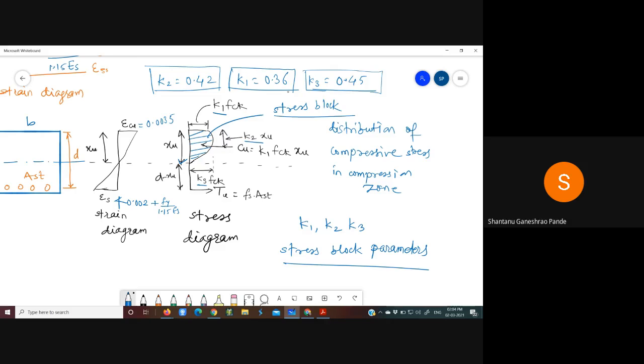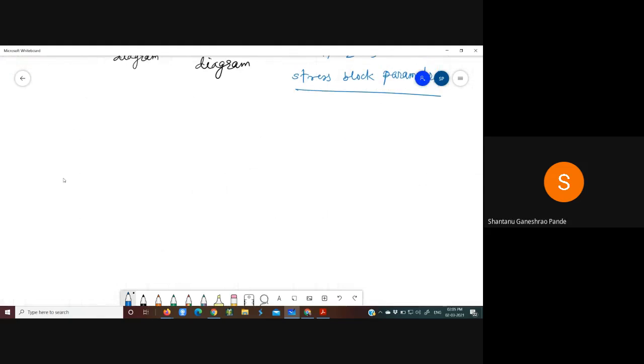Now there is a change in the stress block shape at the level of 0.002 strain. I will just draw the compression part. This value is 0.0035 and somewhere here it will be 0.002. And the stress block will be like this.